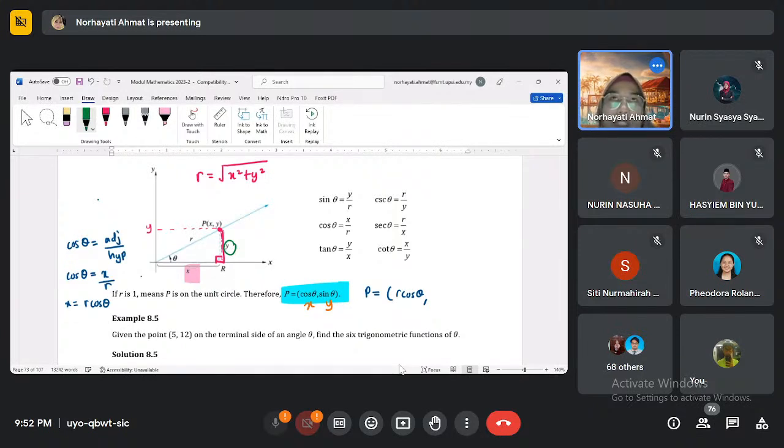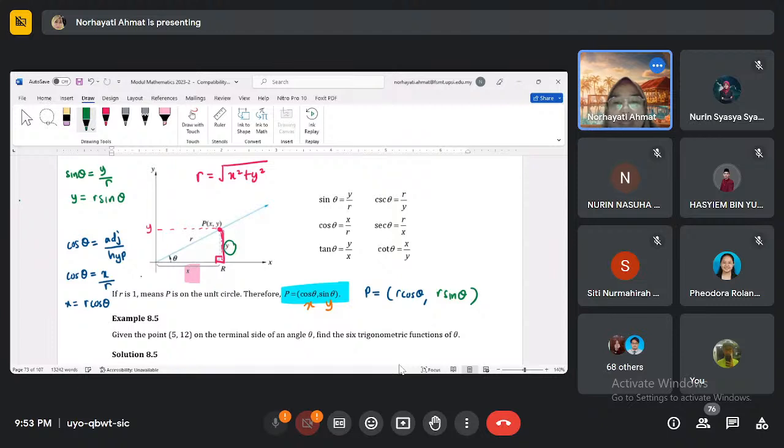Opposite and hypotenuse, SOH. So sin theta is equal to Y over R, sin is opposite over hypotenuse. Therefore Y is equal to R sin theta. So komponen Y is R sin theta.